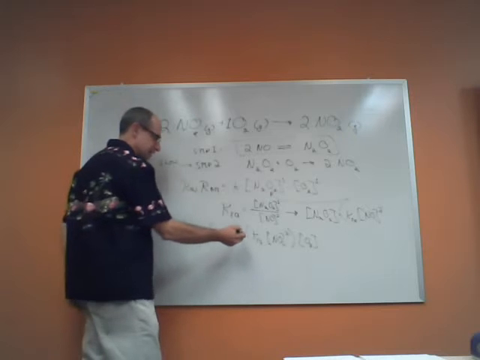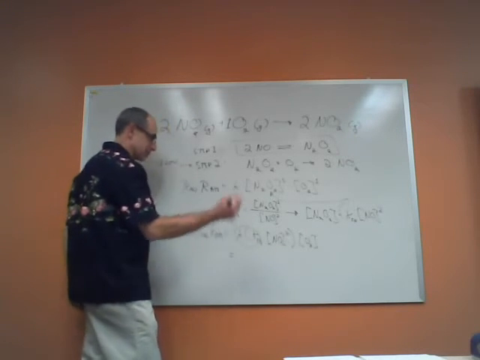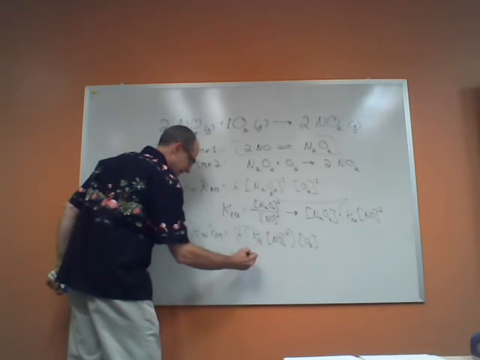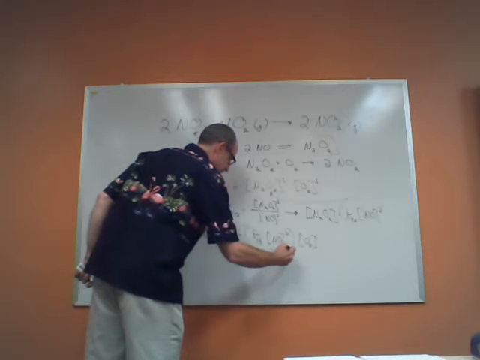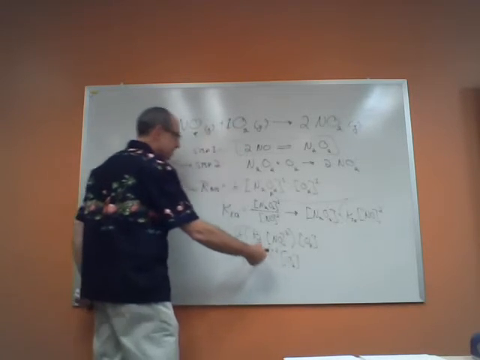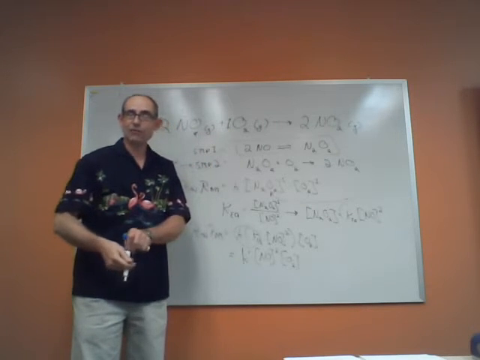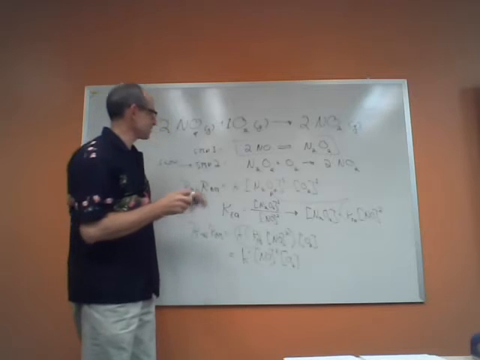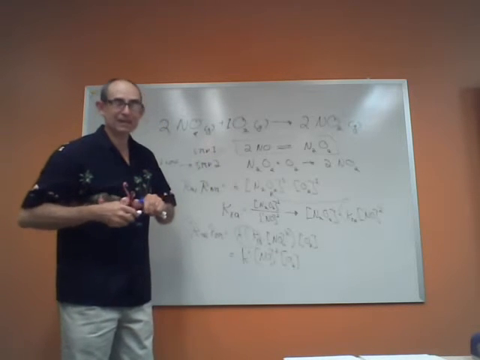And obviously I've got a constant times another constant, so I would usually just combine those into a different constant, call it K prime, times the concentration of NO squared times the concentration of O2. And yes, if I look at this, it happens to coincidentally match the coefficients of the overall equation, but that's really kind of coincidental. There's a fairly intricate and nice reaction mechanism involved there.